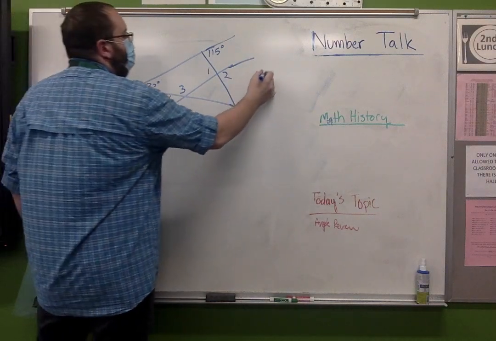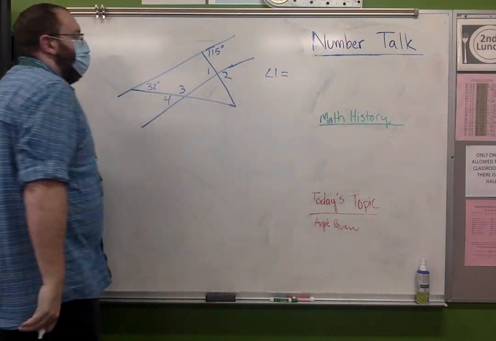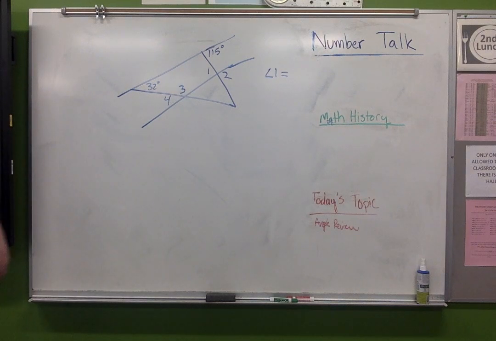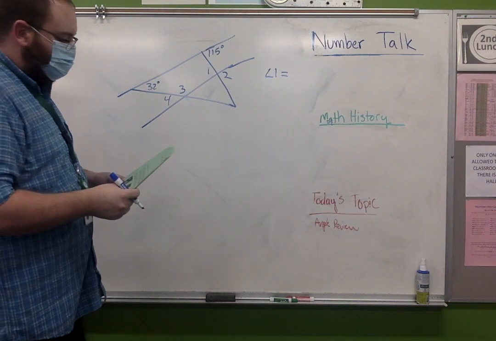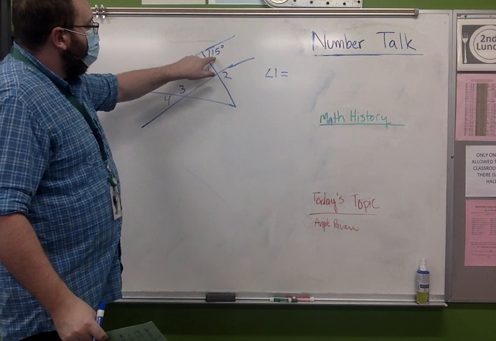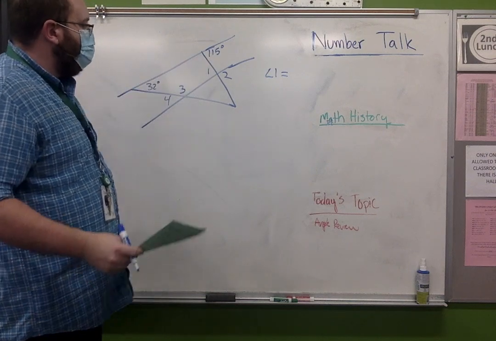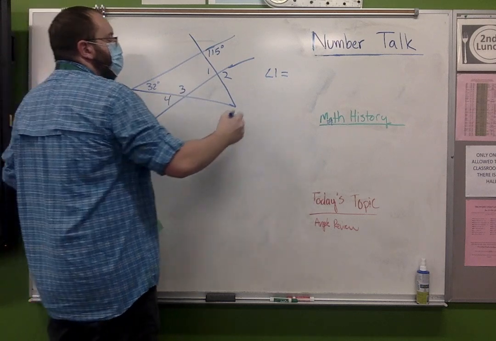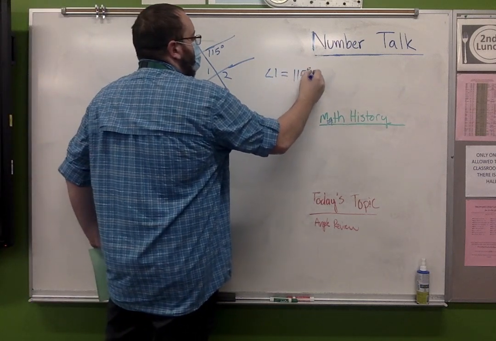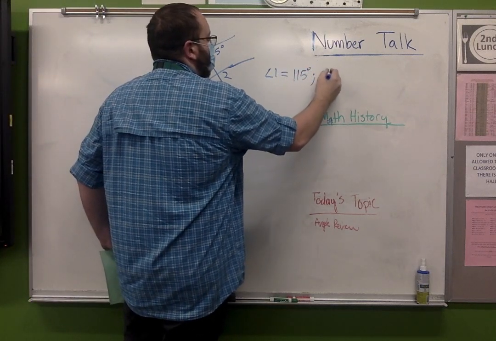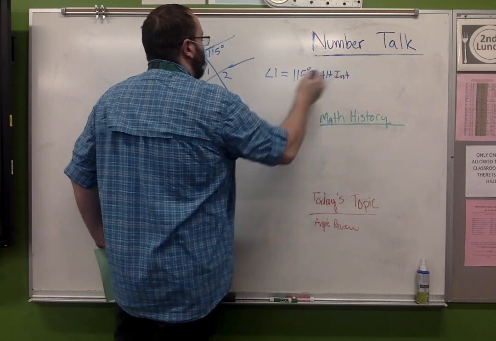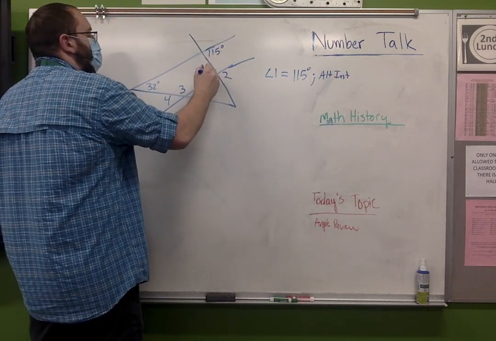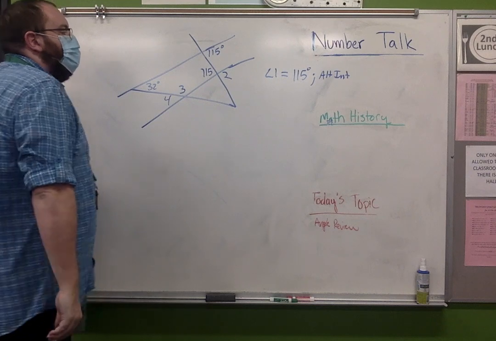So angle 1, measure of angle 1. Well, these are alternate interior angles, right? Here's my transversal. Alternate interior angles. So angle 1 is 115 degrees because of alternate interior angles. They're congruent.